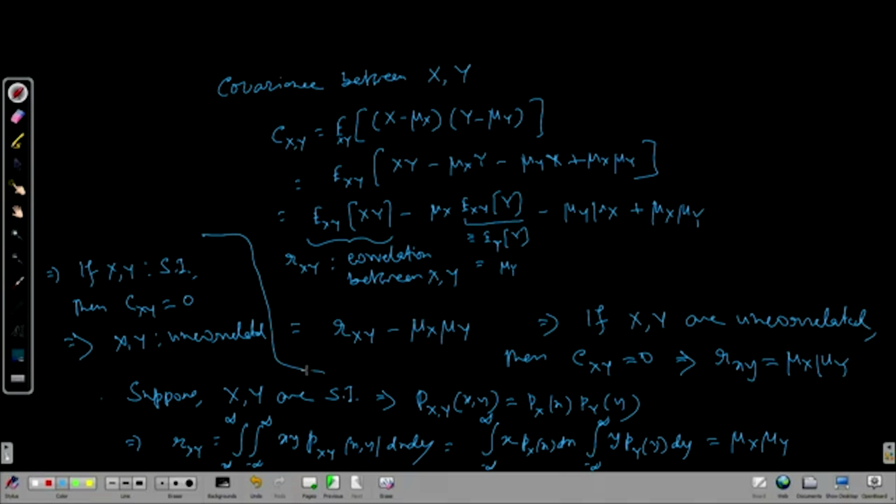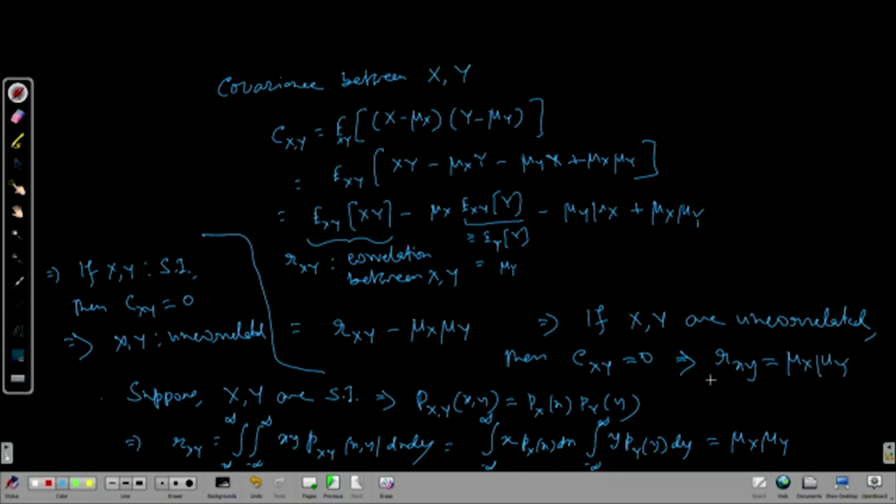So, if their joint density can be written as a product of the individual marginal probability densities, then the covariance is 0, correlation is the product of the means, and they are uncorrelated. But the converse is not always true.